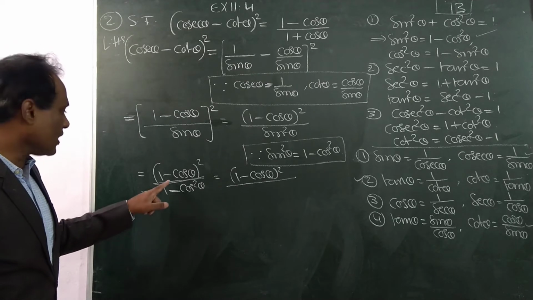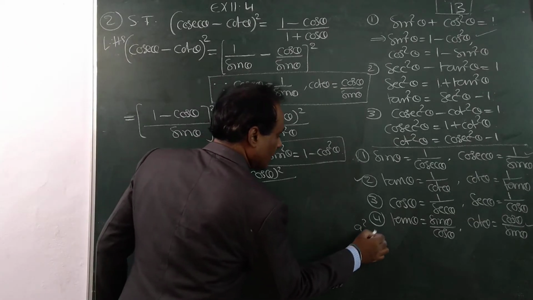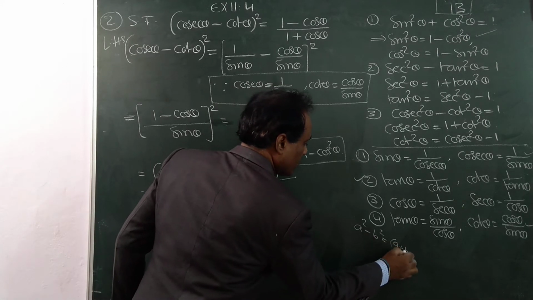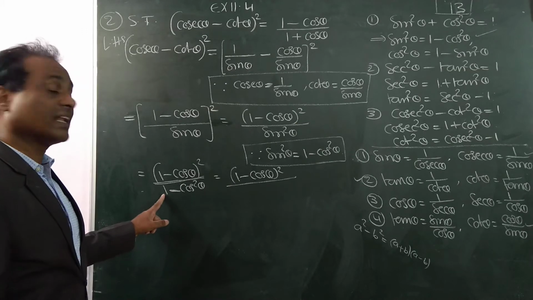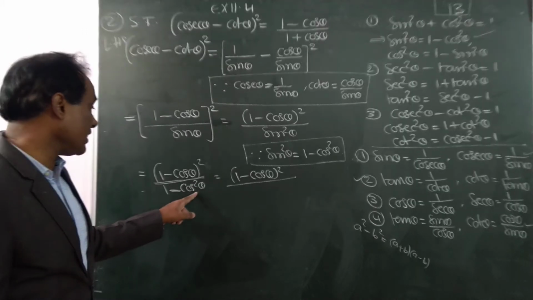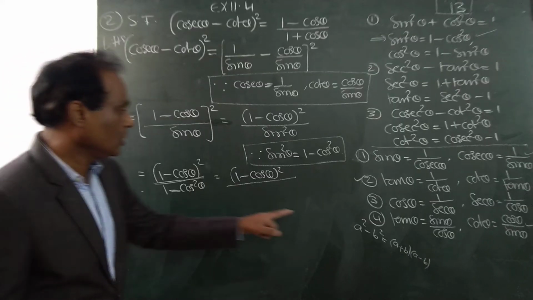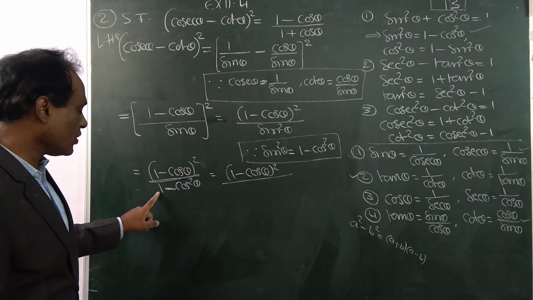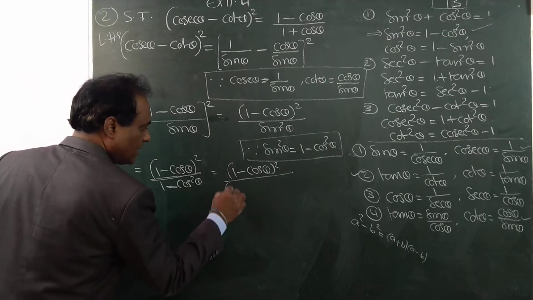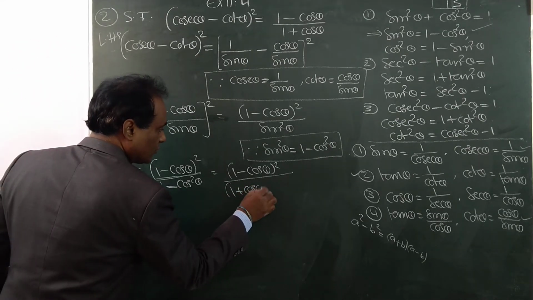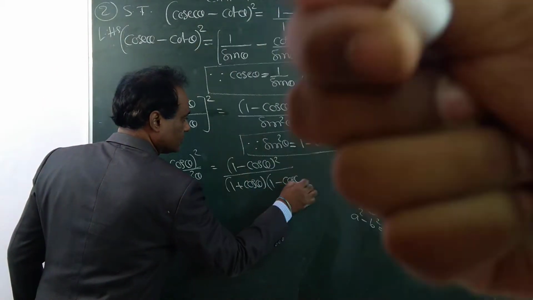One can witness 1 square; a square minus b square is (a plus b) into (a minus b). This is a square, so don't feel that 1 does not have a square; 1 square is 1 only. So a plus b is 1 plus cos theta, a minus b is 1 minus cos theta.